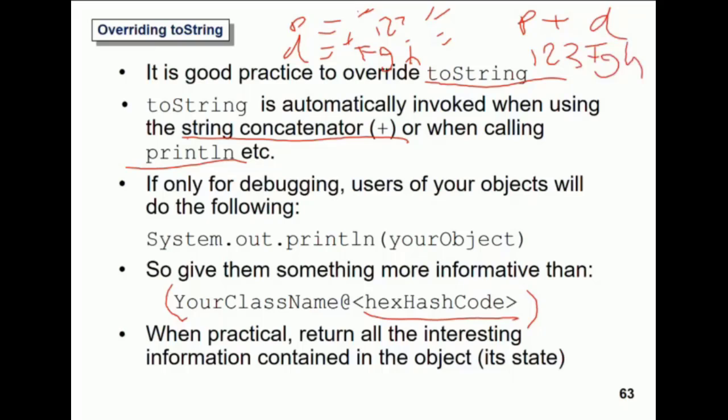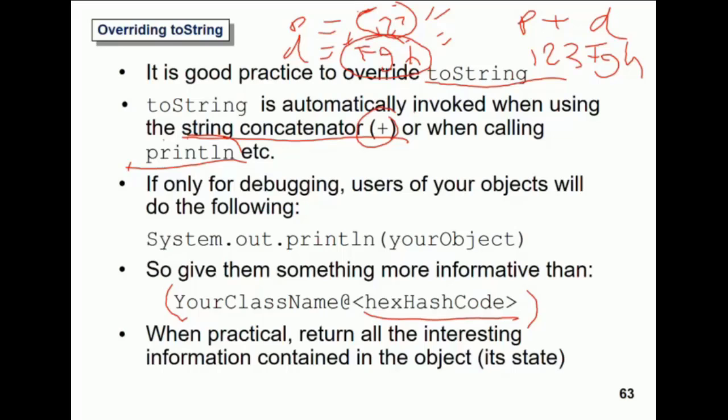What's happening is that toString will automatically be called and the values will be added this way. So toString is automatically invoked when using the string concatenator and when calling println.